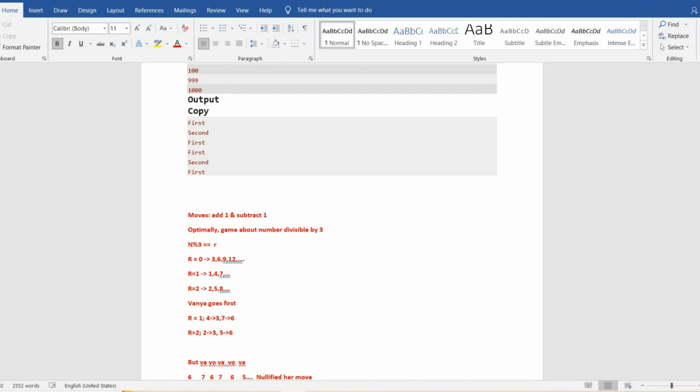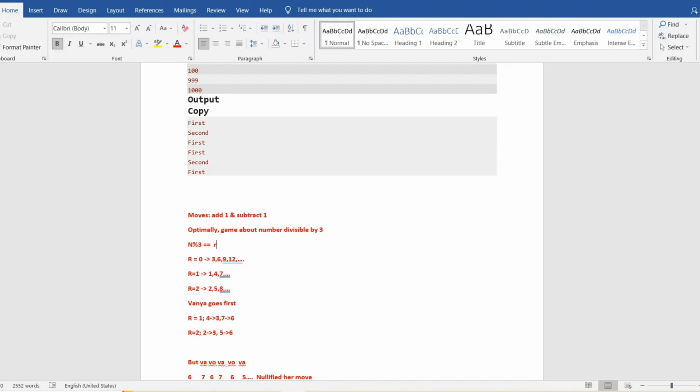If we say Vanya chooses 7 and he considered that Boa just moves it to 8 and adds 1, but no. What does Boa do? Boa is trying to win itself. If Boa is trying to win itself, what does Boa do? Boa is basically trying to make it 6 again, he wants Vanya to change it to 5 and Boa wins.